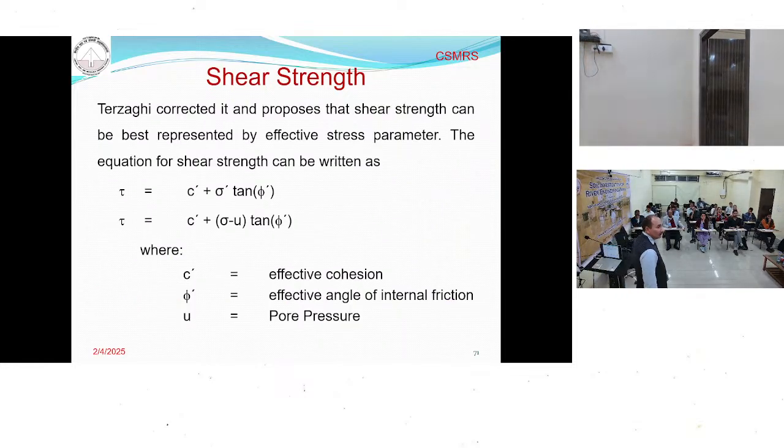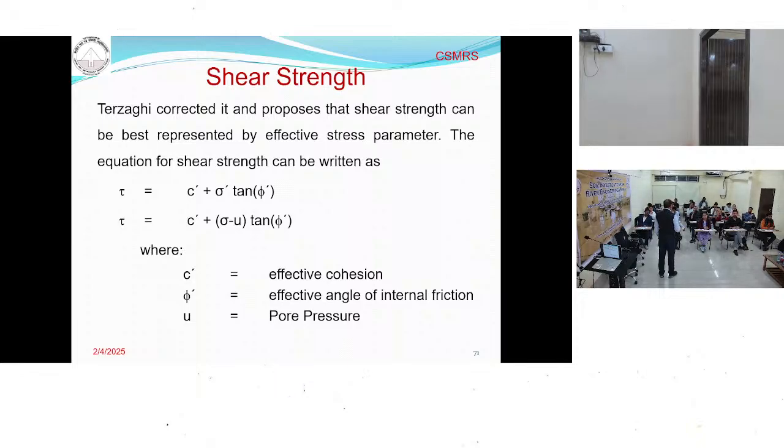Later on, Terzaghi corrected this formula. He said that shear strength equals C dash plus sigma dash tan phi dash. What is sigma dash? Sigma minus u. Because soil pores contain water, when you apply load on the soil, the load is taken by the water plus the soil.